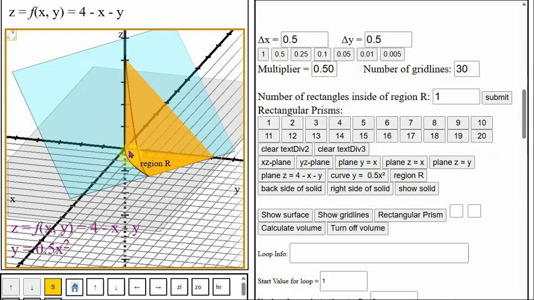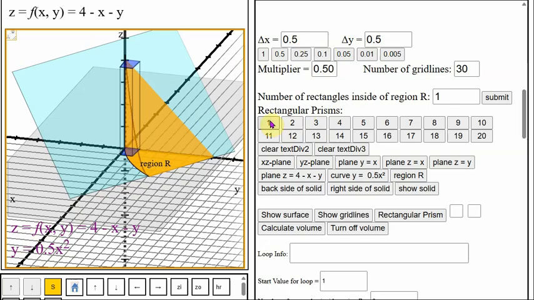And so right now I have the rectangles: from here to here is 0.5, from here to here is 0.5, meaning the width of each rectangle is 0.5 and the length of each rectangle is 0.5. And so delta x, meaning the length of the rectangle along the x-axis, is 0.5, and then delta y is also 0.5.